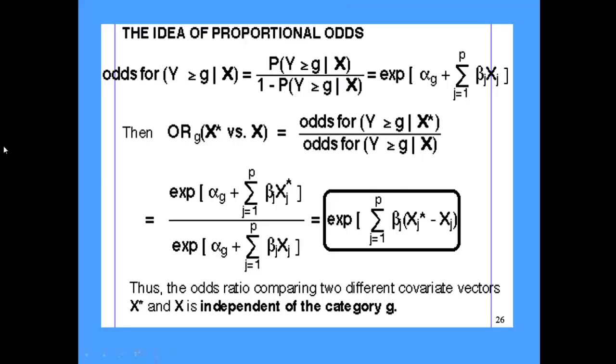If we're comparing X star with X, then it's the odds for the X star individual divided by the odds for the X individual. What's the formula for each of these two odds? Here's the formula for the X star person, and here's the formula for the X person. All I've done is take this and put an X star in here for the X star person. The X's might be different.